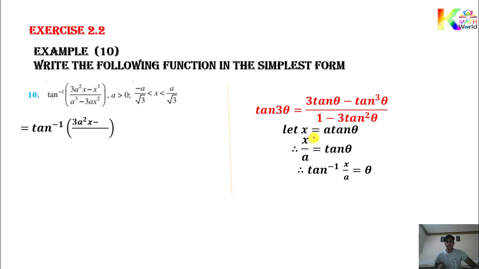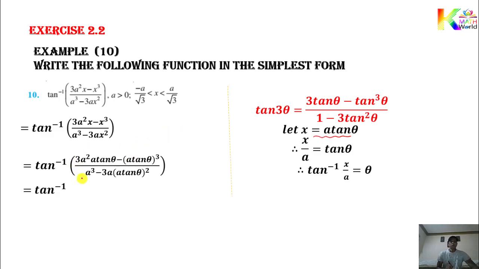Now this is your assumption, x equals a tan theta. So replace that here. I have just replaced x equals a tan theta here. So a square into a tan theta, minus a tan theta whole cube, a cube, minus 3a into a tan theta whole square.